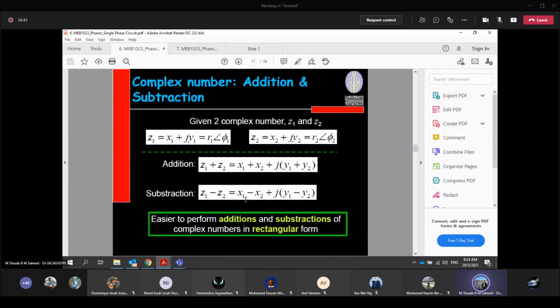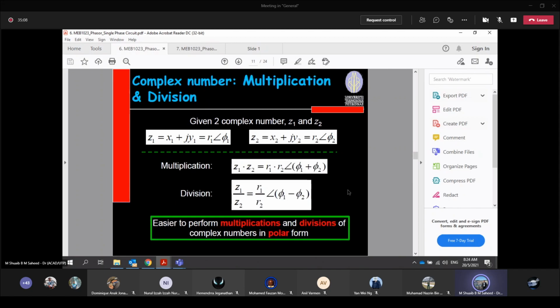For subtraction, arrange all the real numbers on one side and the imaginary numbers on the other, and then do the mathematical addition and subtraction. So you should know that it is easier to perform addition and subtraction of complex numbers in the rectangular form. That's the main idea here.